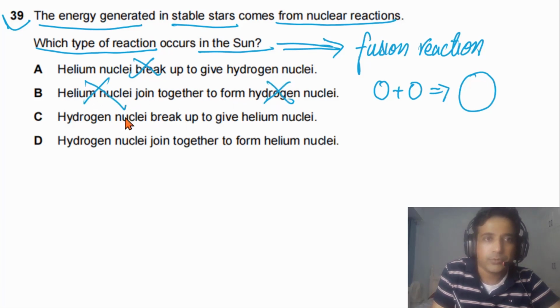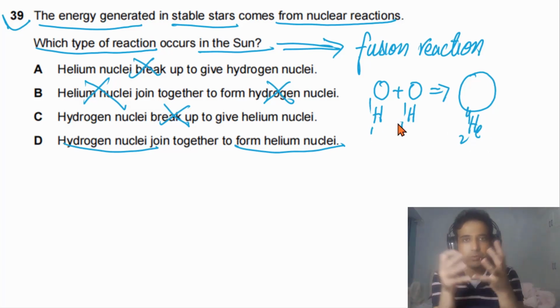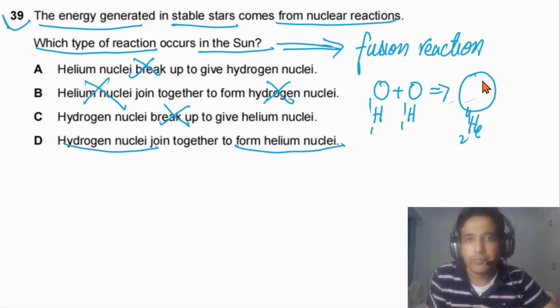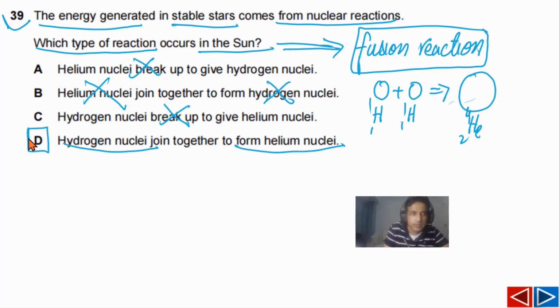Hydrogen nuclei break up, no. Hydrogen nuclei join together to form helium nuclei. So here we have hydrogen, and here we have helium, and here we have hydrogen. So hydrogen nuclei combine together to form helium nucleus, and this process is nuclear fusion. So the answer for this question is D.